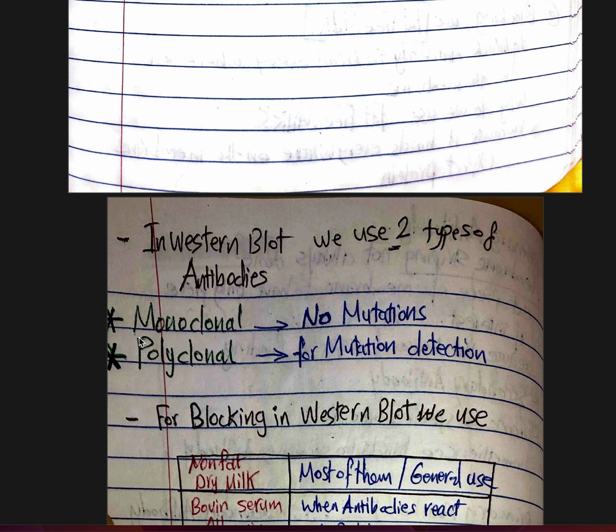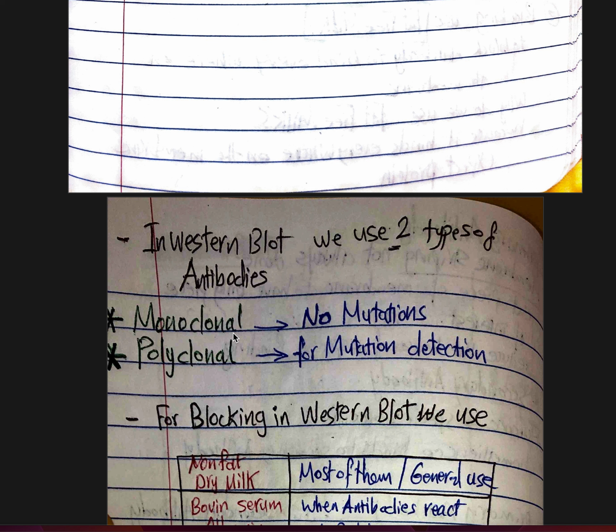But just one piece of information: when I use monoclonal antibodies, which are specific, I'm not looking for a mutation. If I want to know which gene has a mutation, I will need several types of antibodies. I want to use many types of antibodies to detect which gene is mutated.